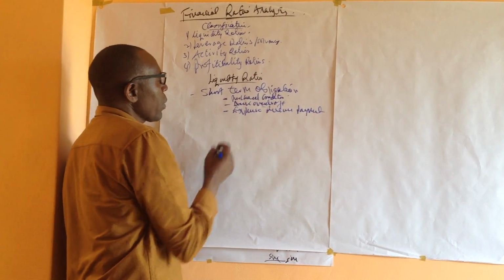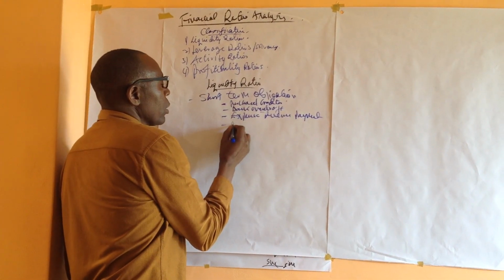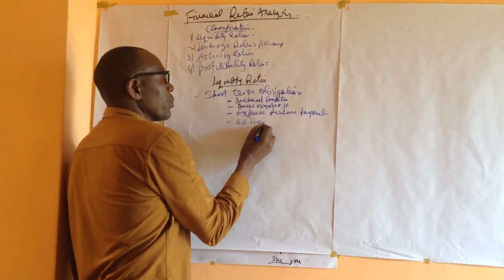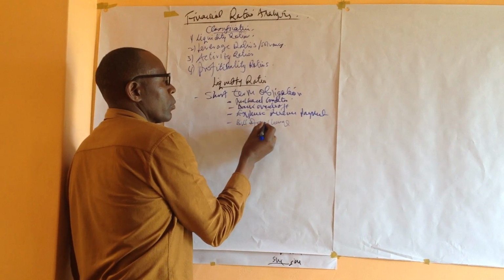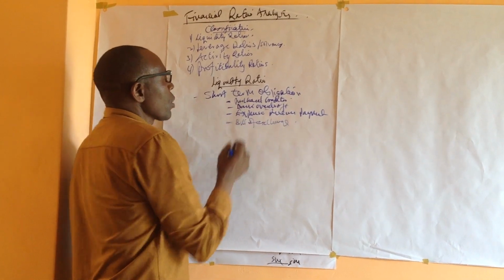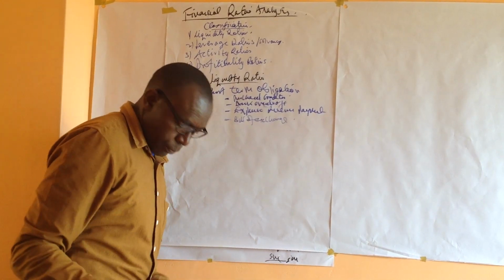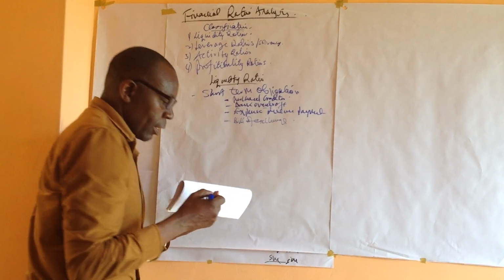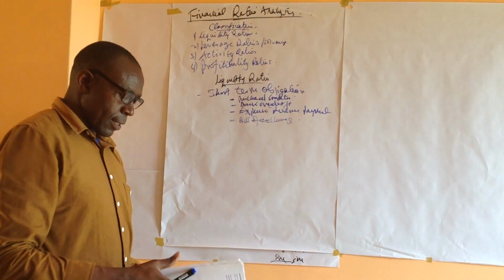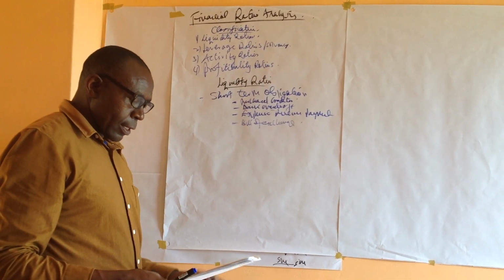We're able to pay for our revenue expenses whenever they fall due. We have maybe bills of exchange. Am I able to pay for this? These are mostly the short-term obligations that we have in our organization. The firm's ability to pay or cover these is what we recognize as short-term obligations.